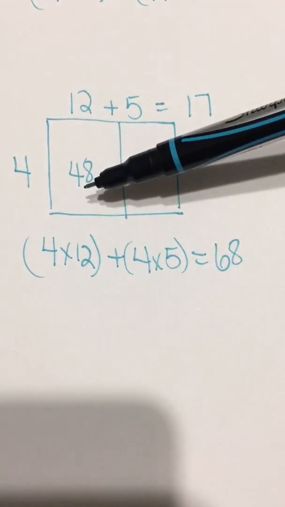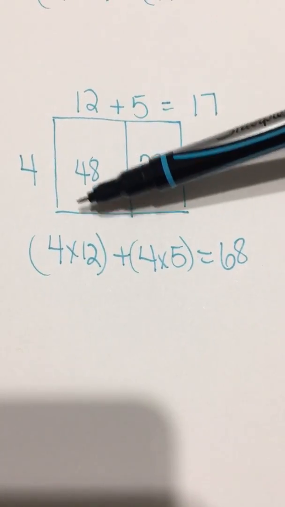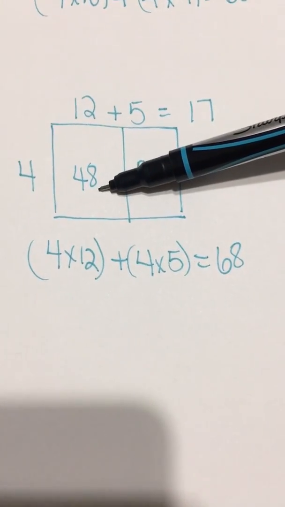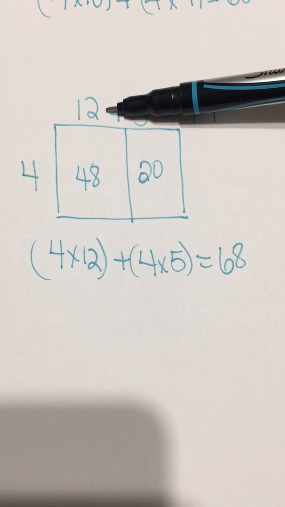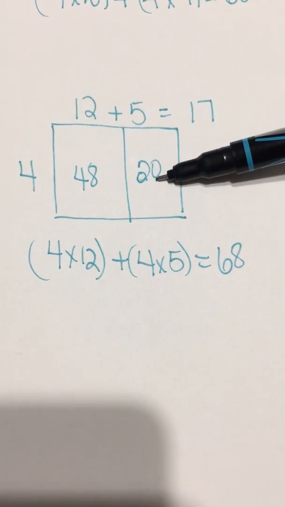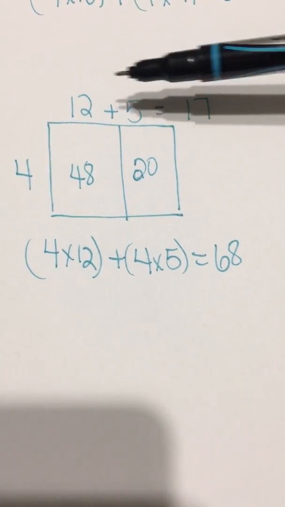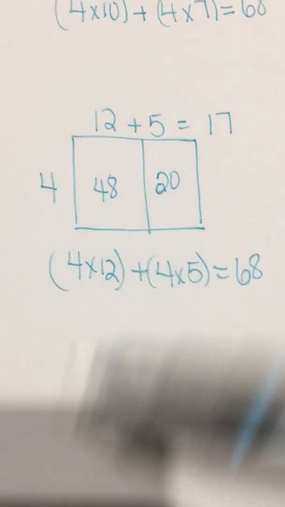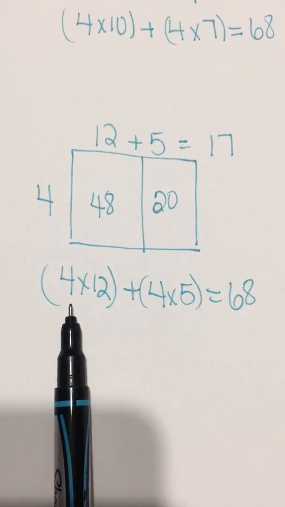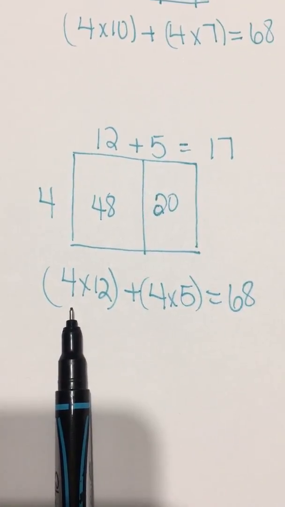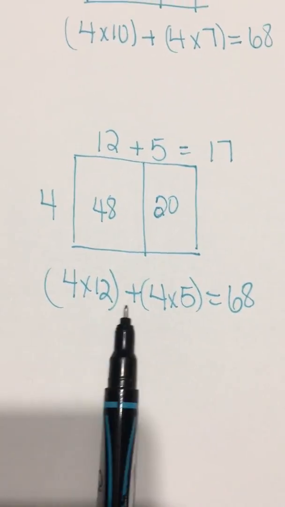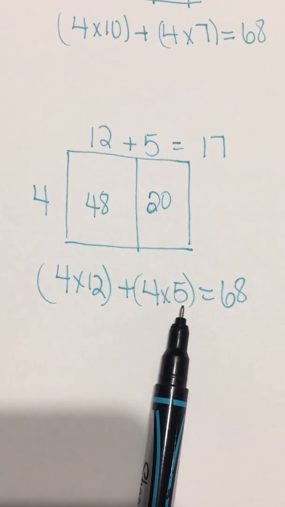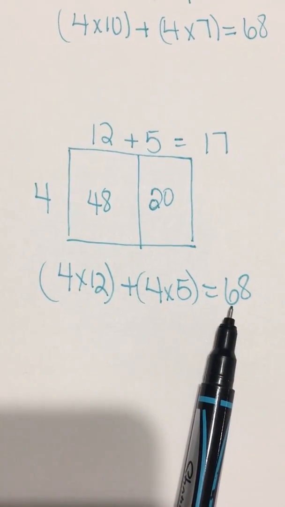And so when I put those two numbers in, now I walk through the steps. 4 times what equals 48? 12. 4 times what equals 20? 5. So 12 plus 5 equals 17. Now when I write it out, I write exactly what I worked out in the array model. 4 times 12 plus 4 times 5 equals 68.